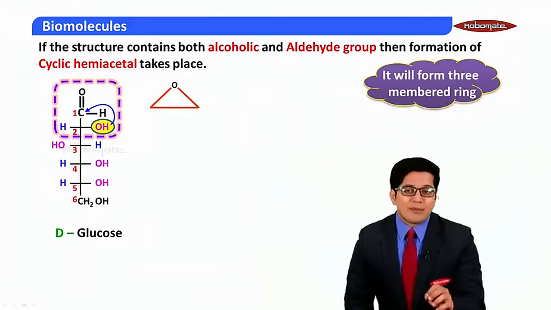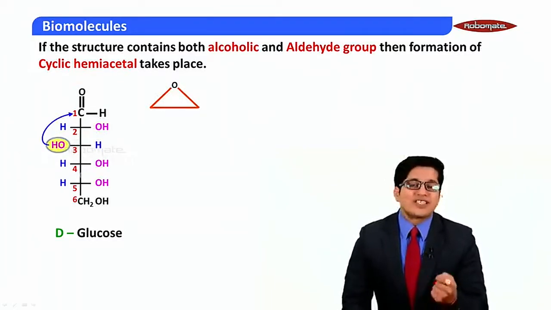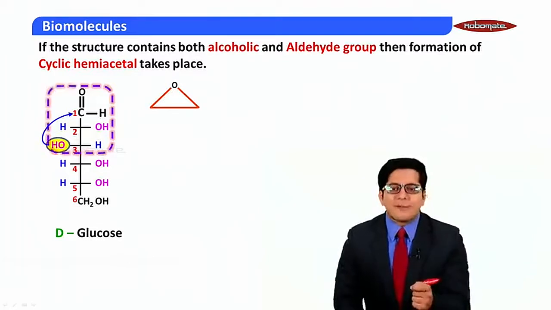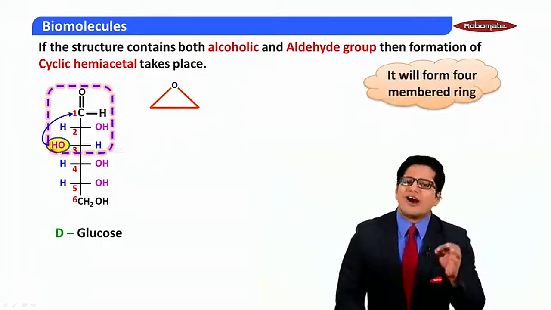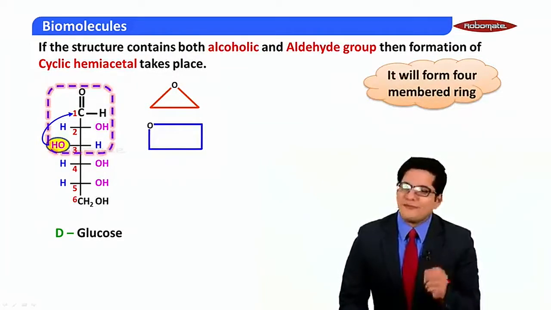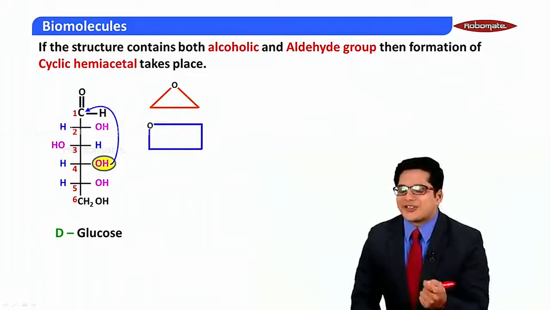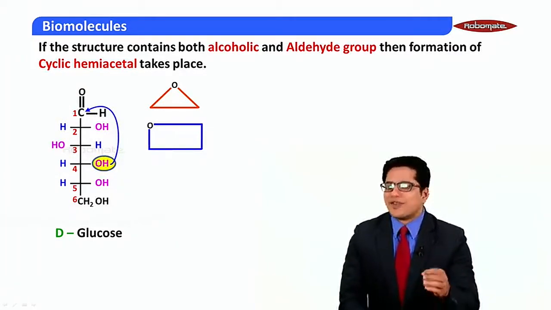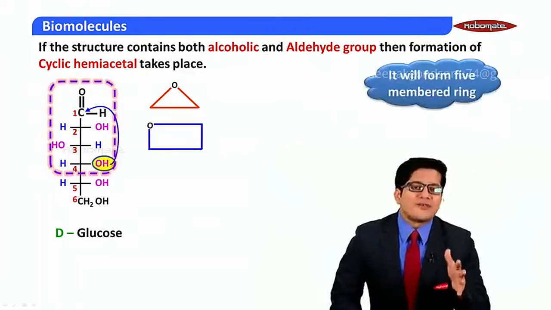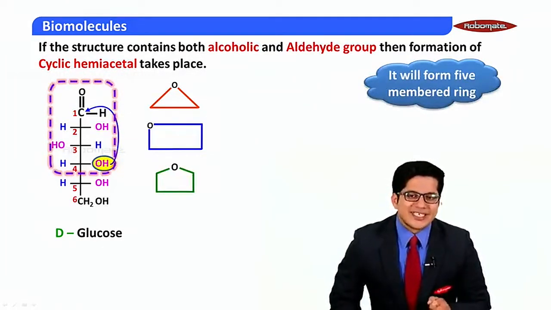And suppose now the next OH, that is the OH of the third carbon, goes and attacks, then we are bound to get a compound which would be nothing but a 4-membered ring, something like this. Further, if the fourth carbon OH goes and attacks onto the same carbonyl group, what would we get? We would get a compound with 5 members, and the chain would be something like this.